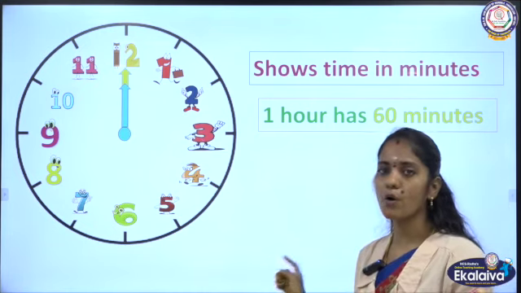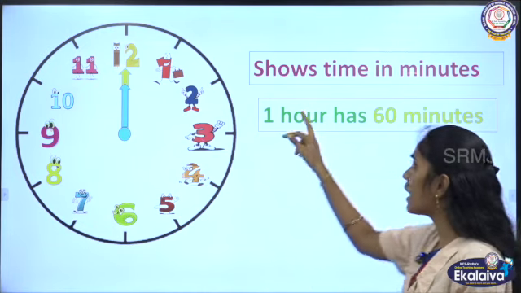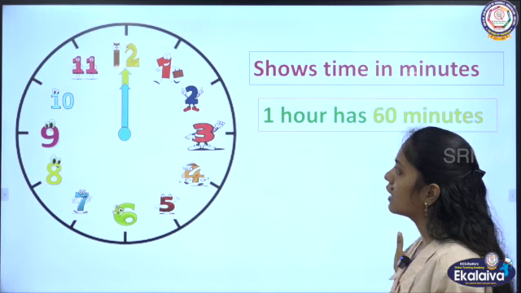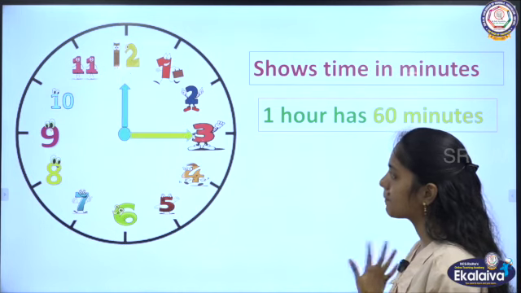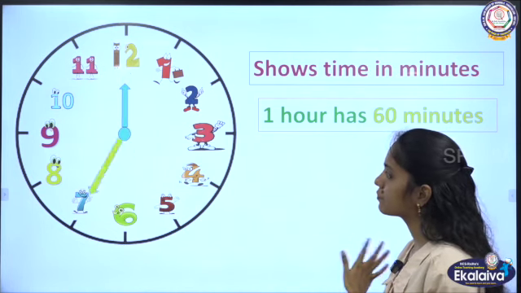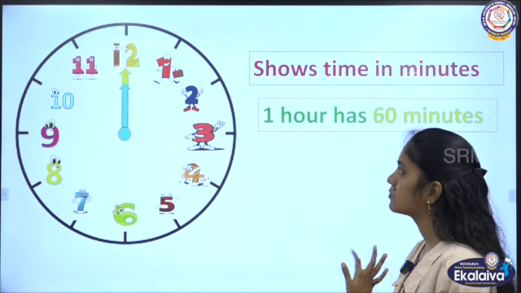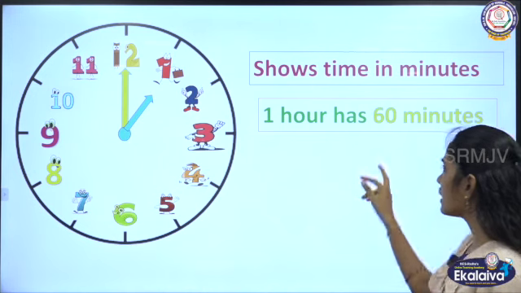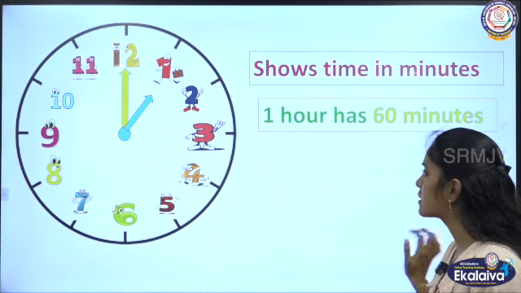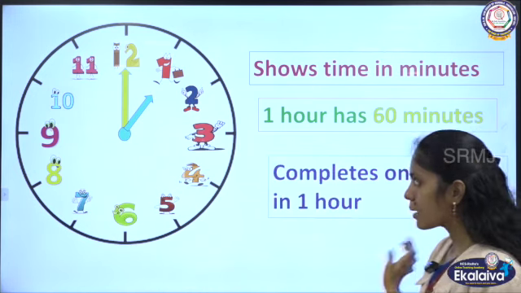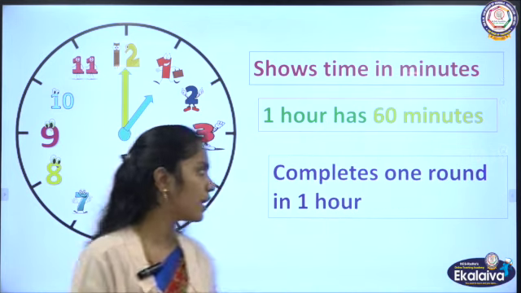Now we will see about the minute hand. The minute hand shows time in minutes. It moves fast. One hour has 60 minutes. The minute hand completes one round in 1 hour.